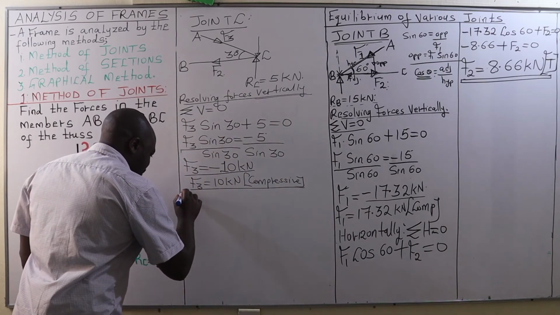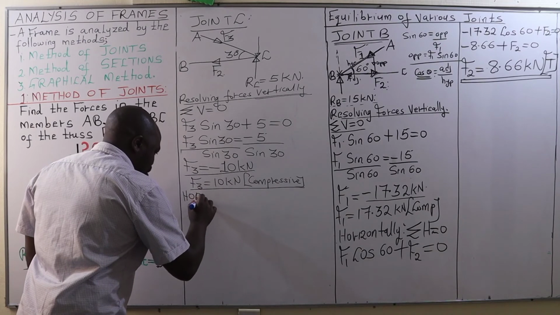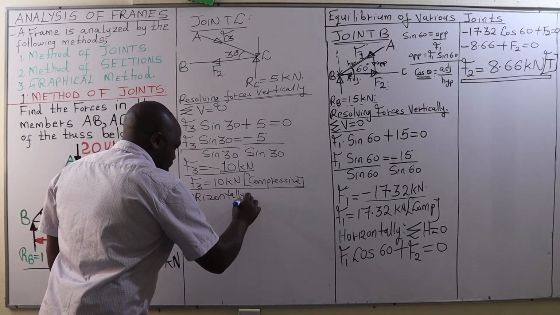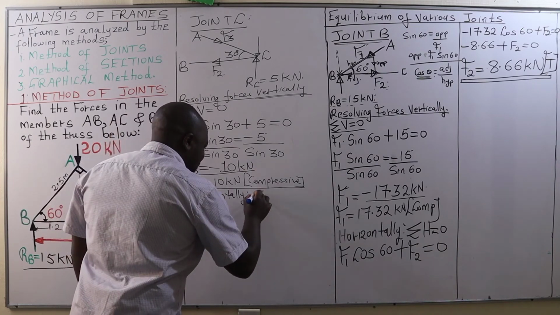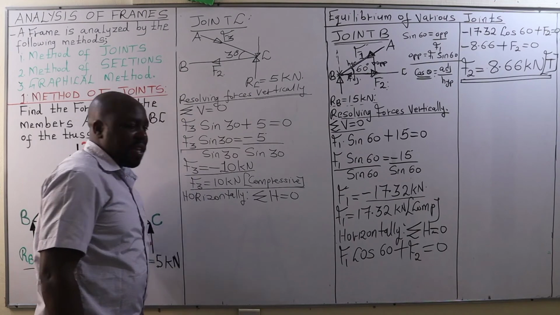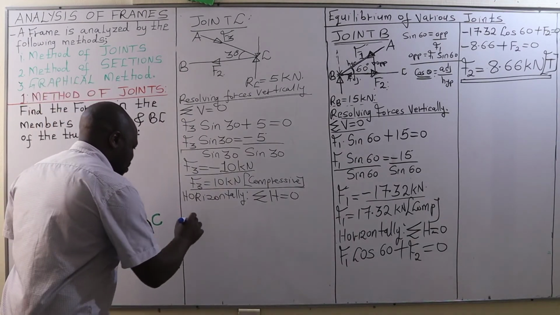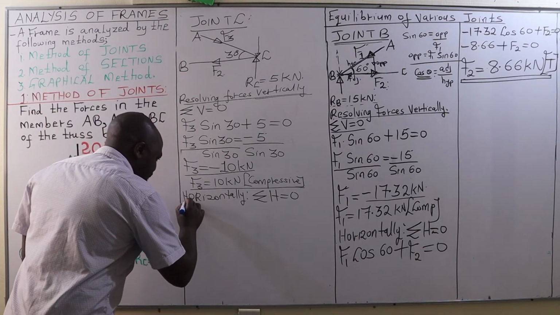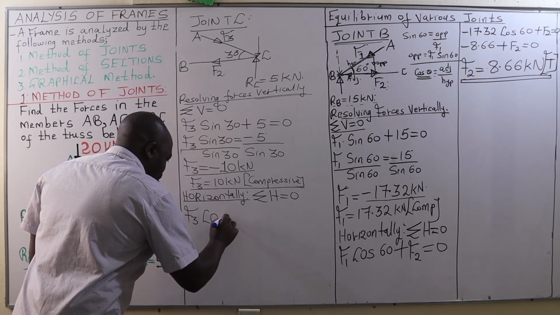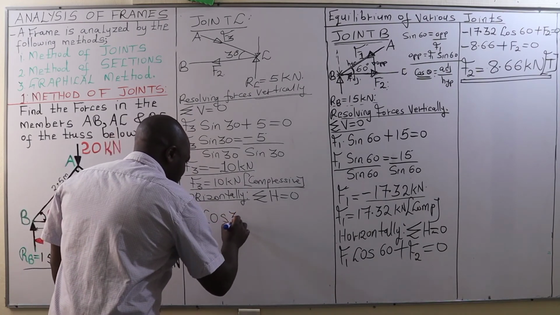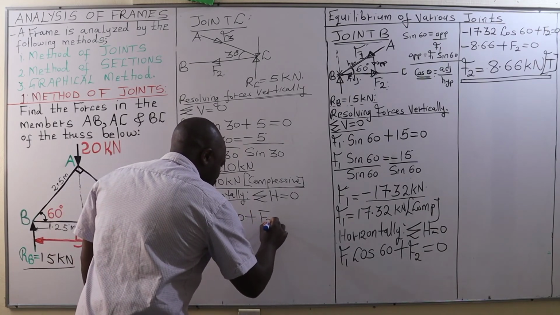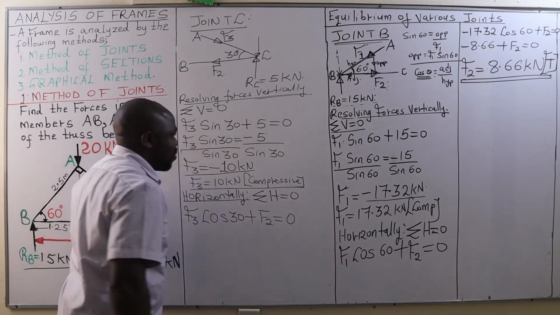Therefore, resolving the forces horizontally and applying the principle of summation of all the horizontal forces being equal to 0, we are going to have F3 cos 30 plus F2 is equal to 0.